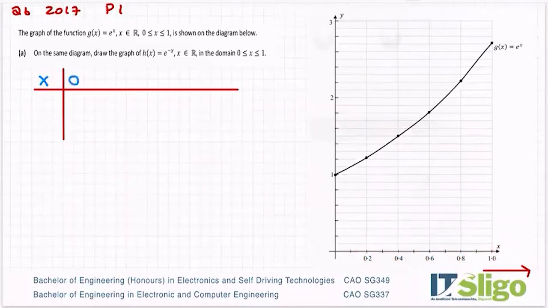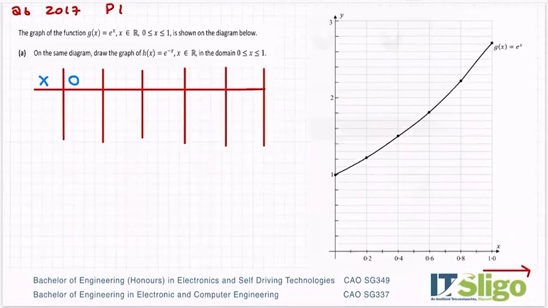So I'm going to start at 0, 0.2, 0.4, 0.6, 0.8, and 1. Okay, and my function then is e to the minus x.